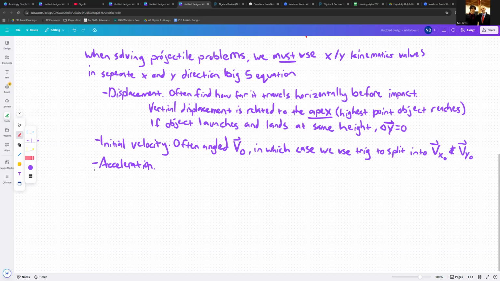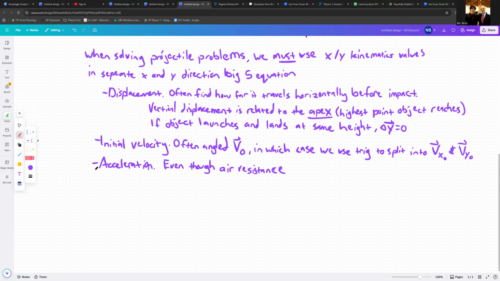So even though air resistance would slow down our object in both x and y directions, because air resistance is going to slow down any object that's moving through the air.